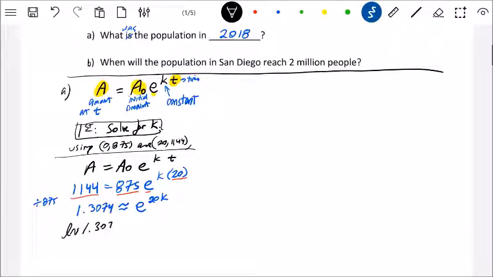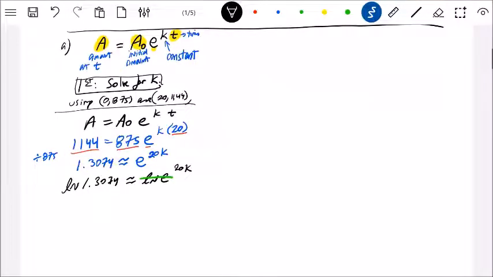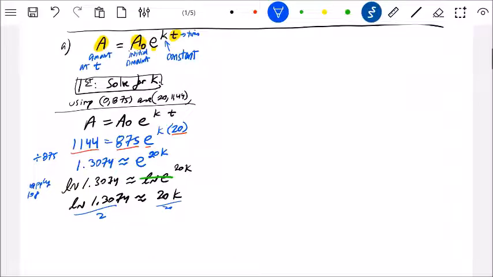The natural log of 1.3074 is approximately the natural log of e to the 20k, and this cancels out. So let's write it again: the natural log of 1.3074 is approximately 20k. So let's divide by 20. What I should put over here is: apply natural log to both sides, and divide by 20 on both sides.